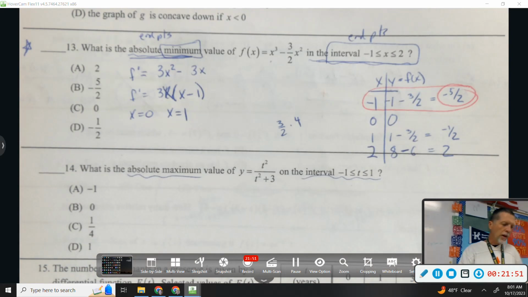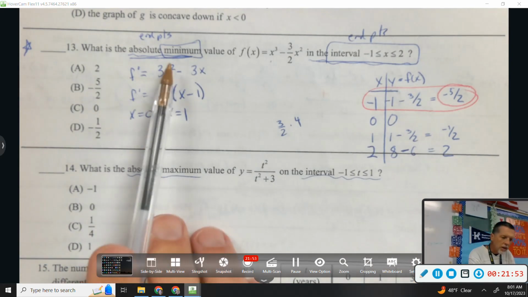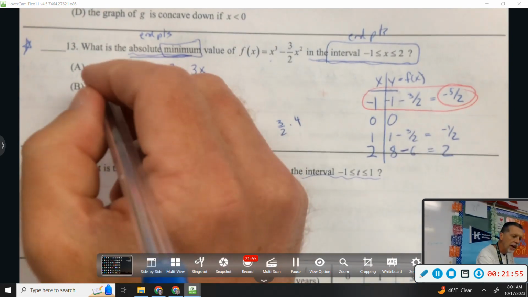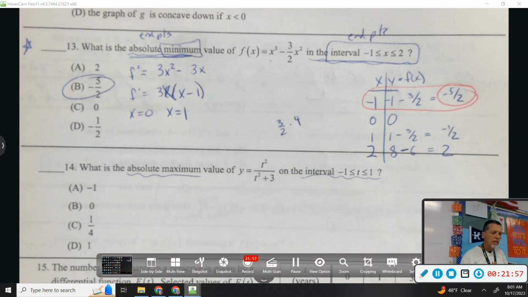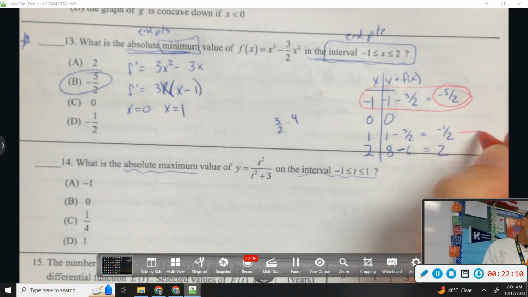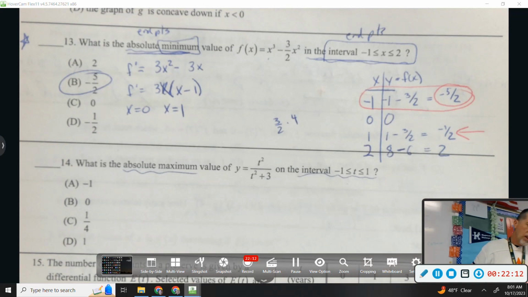Let's be careful about the answer. What is the minimum? The minimum is -5 halves. It occurs at -1, but that's not what the question asked. So the smallest value on that interval is -5 halves. And that's one I think I mentioned earlier. If you didn't check the endpoints, you might pick -1 half.